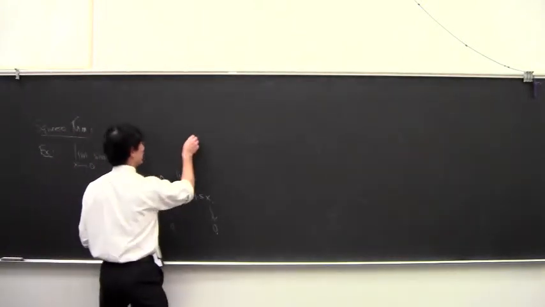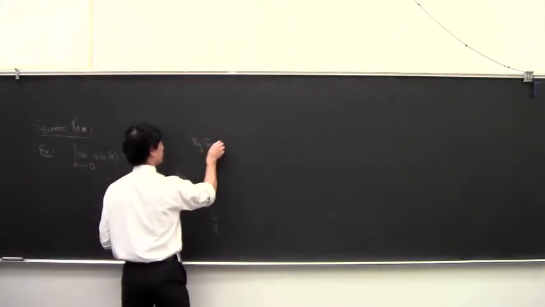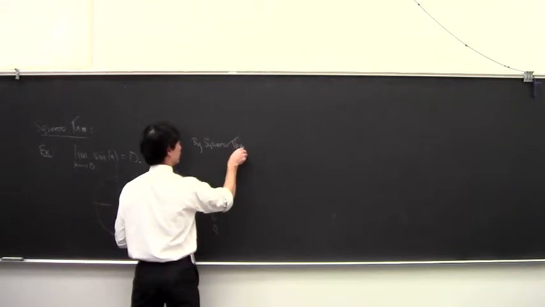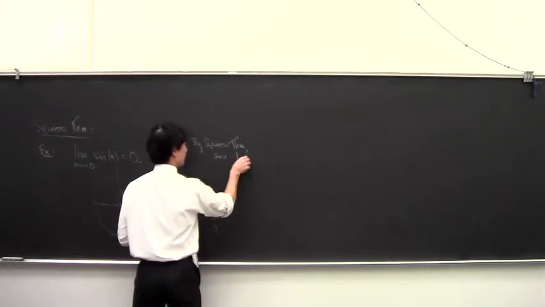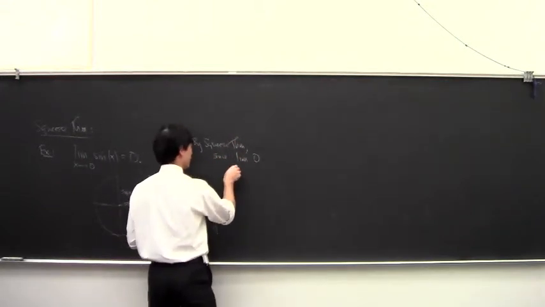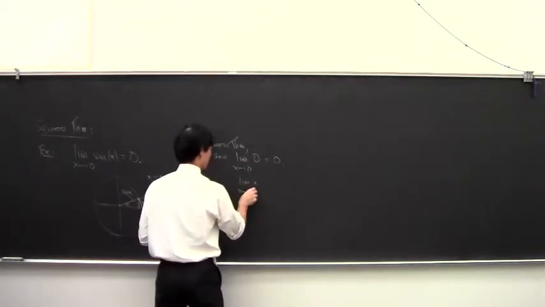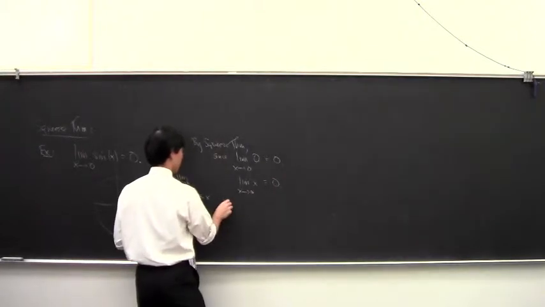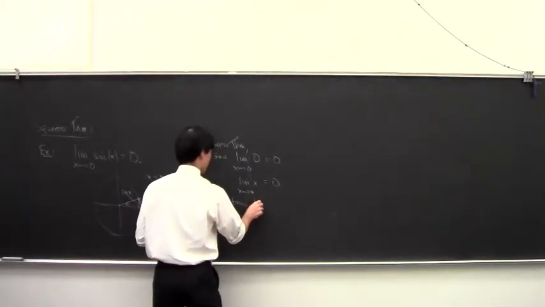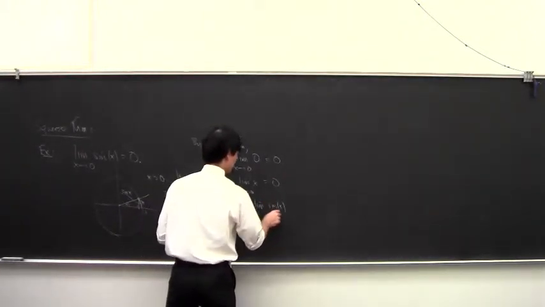So by the pinching theorem, or squeeze theorem, since the limit of the lower function is 0 and the limit of the upper function is 0, we know that the limit of sine x is 0.